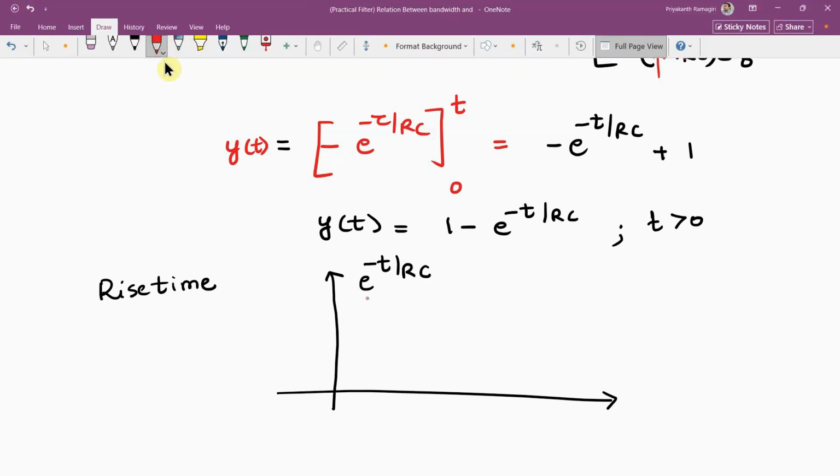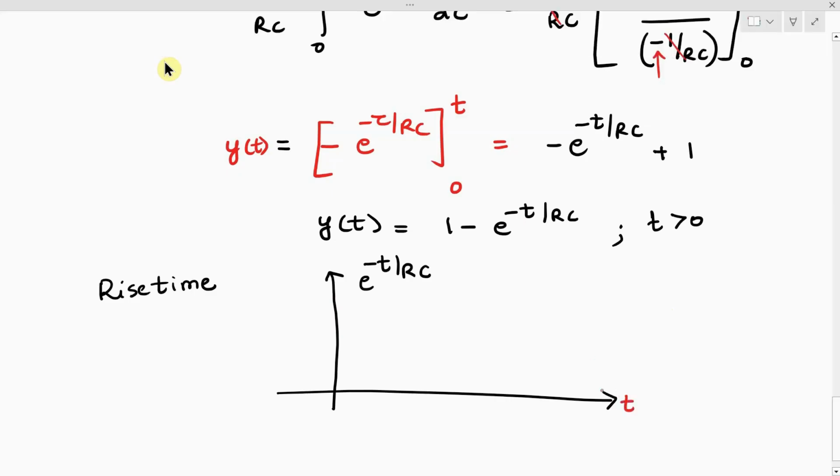I'm not asking for 1 minus e power of minus t by RC, but I'm asking for e power of minus t by RC. Is it a decaying exponential or a growing exponential? Decaying exponential, because we have a minus sign. So e power of minus t by RC will be like this. It decays.